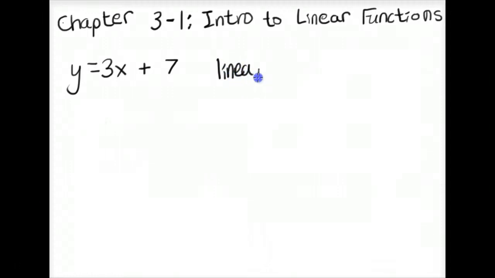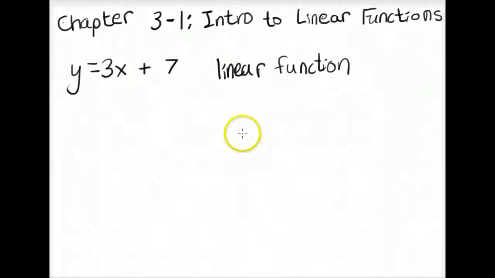Now, the reason we call it a linear function is because y is a linear polynomial in the variable x. So it is a polynomial in the first degree, so we say that it is a linear polynomial of the variable x.